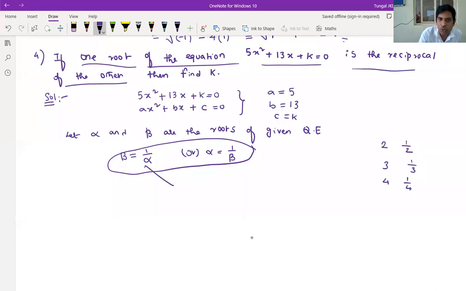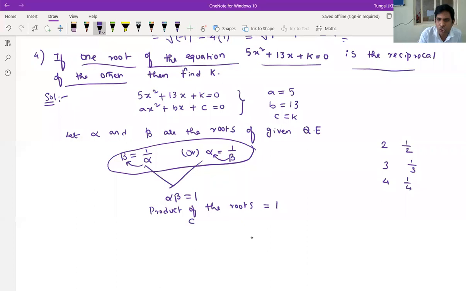From these two, what can I write? Alpha into beta is equal to 1 only, na? Either beta is equal to 1 by alpha or alpha is equal to 1 by beta. Cross multiplied means alpha beta is equal to 1. Alpha beta is nothing but the product of the roots only, na? That value is 1.